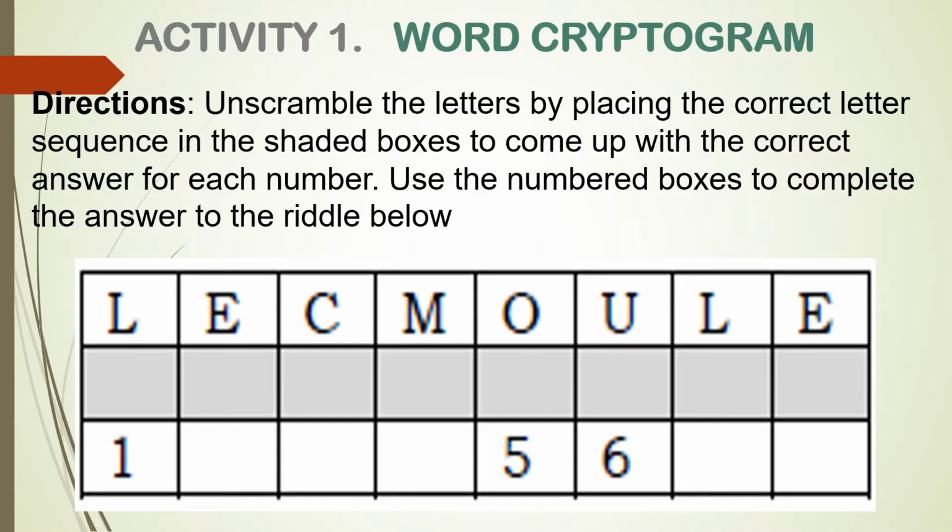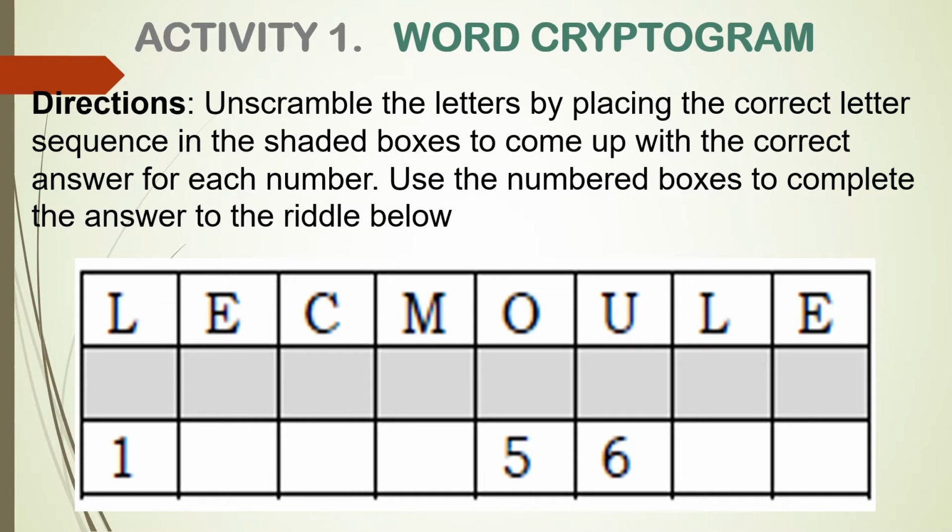Okay, let us have some warm-up exercise for our nerve cells before we proceed to the presentation of our lesson. You will perform a simple activity that will help you recall some basic concepts related to polarity of molecules. Have some fun. This activity is what we call the word cryptogram.